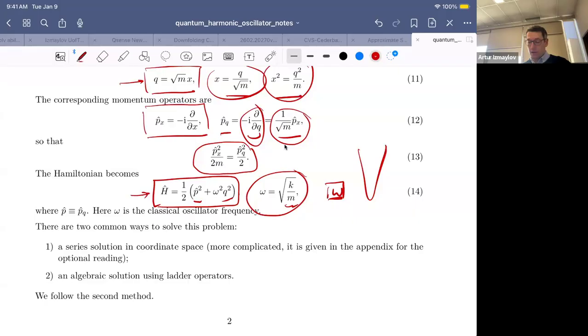All right, so after this simplification, there are two common ways to solve this problem, since it's still a second order derivative and there is also a potential that is quadratic.